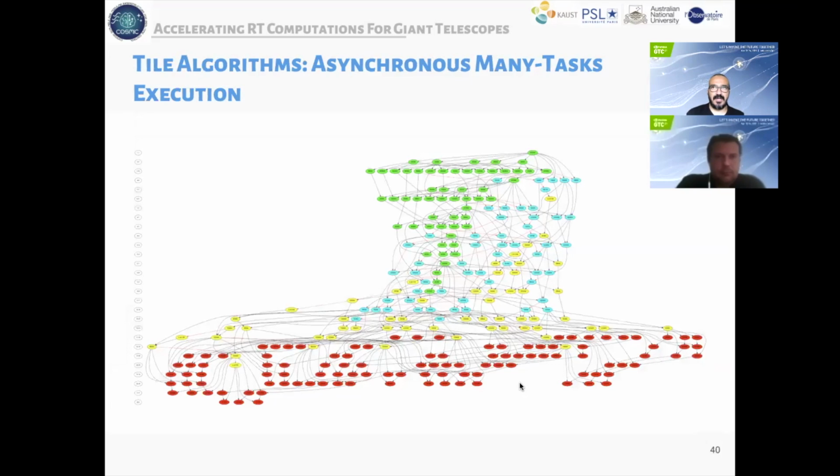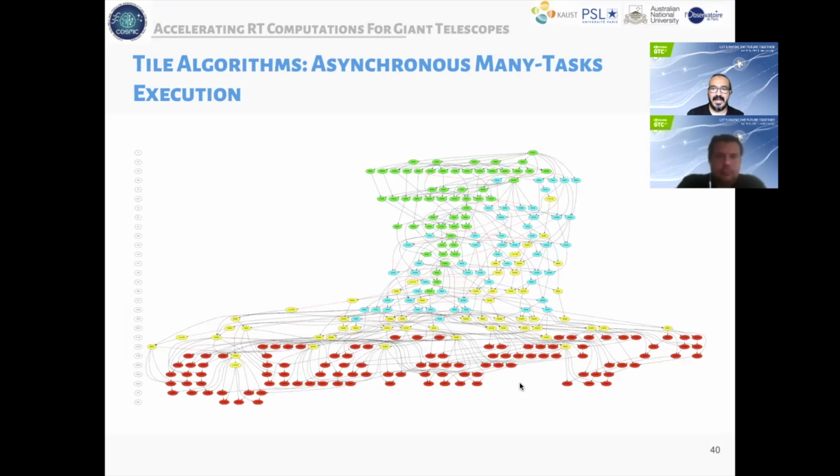Once you design your algorithm to operate on a matrix that has tiles, you basically end up with this directed acyclic graph, right? In the graph that you see here, the nodes are tasks, and the arrows between those tasks are the data dependencies, okay? The way to look at this DAG is that the width tells you how much concurrency you can have in your application.